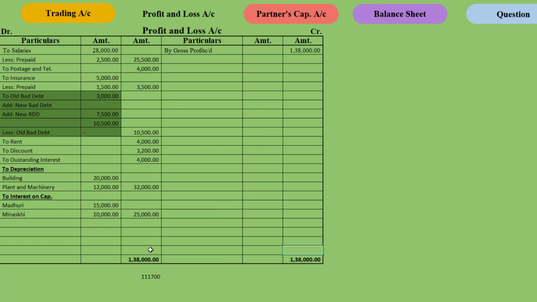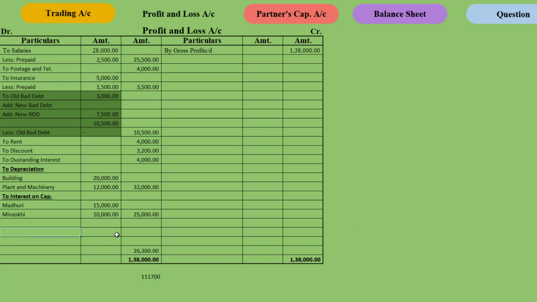Debit side is less, so we'll go to the debit side, and what we do, 1,38,000 which is the higher amount, take it like this, minus the lower amount, that is the total of debit side, 1,11,700. We'll see the difference. How much is the difference? 26,300.